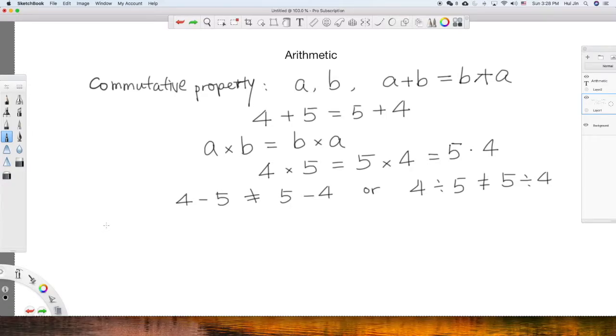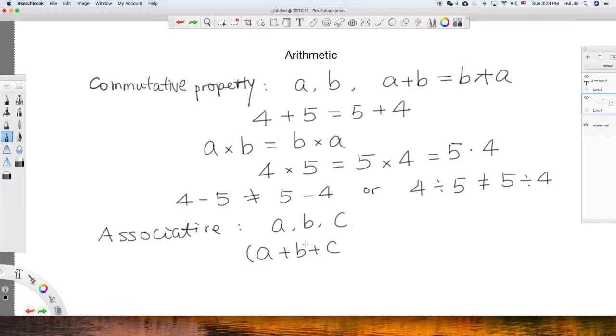The second property for those simple arithmetic is called associative. As a simple rule, you write down, we have arbitrary numbers a, b, c. a plus b plus c.